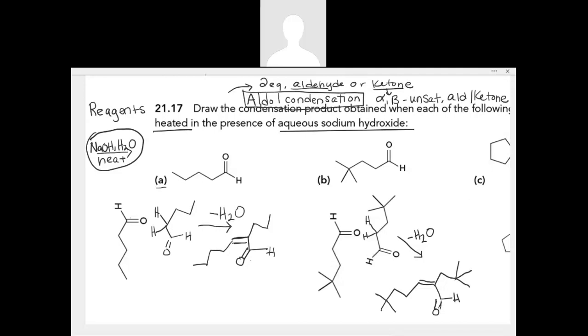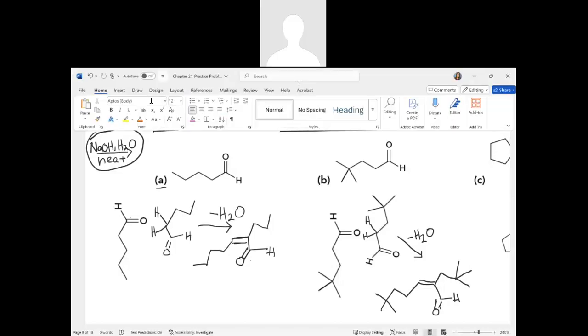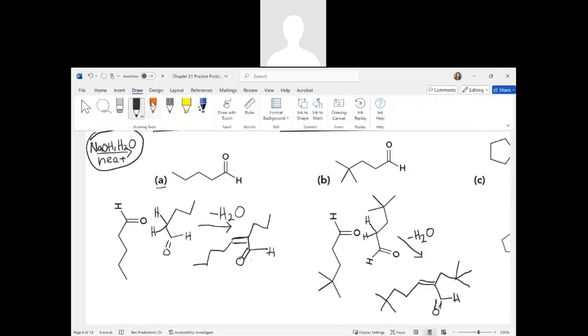Again, sodium hydroxide, water with heat, and we're going to generate, with a combination of these two aldehydes or ketones, an alpha beta unsaturated aldehyde or ketone, respectively. Since these are all aldehydes in parts A, B, and C, we expect to generate the former, the alpha beta unsaturated aldehyde.